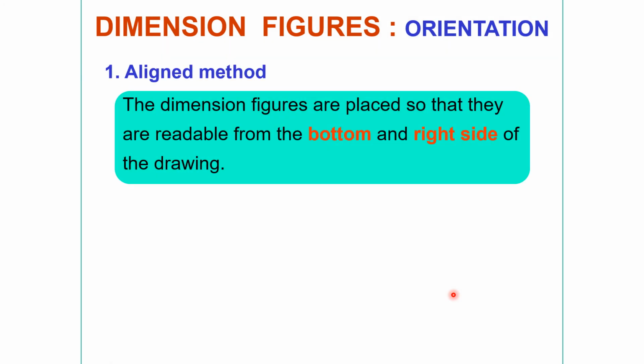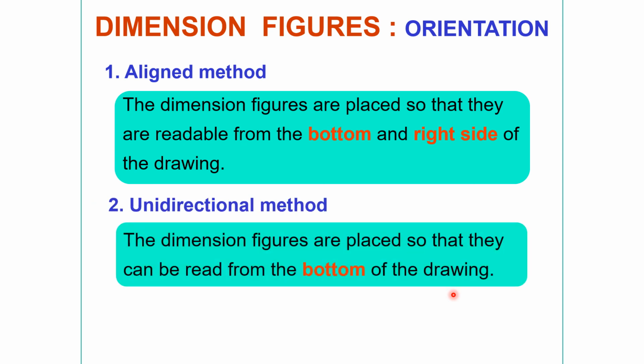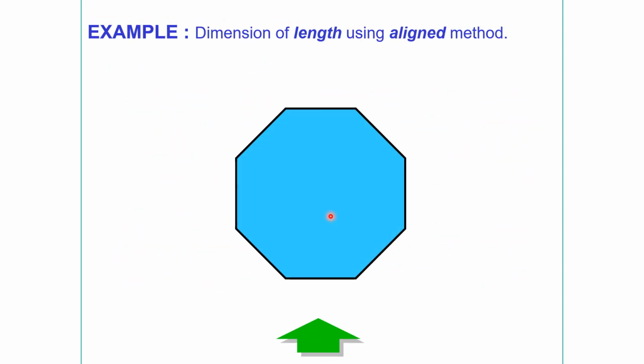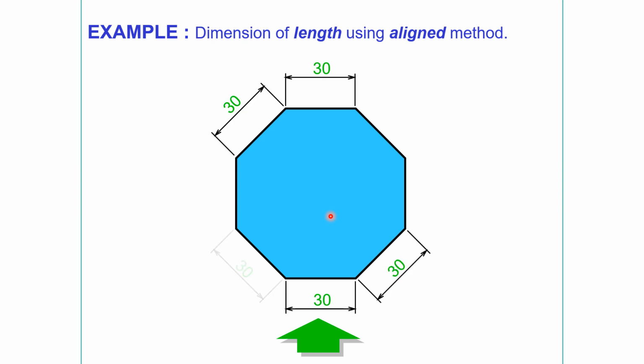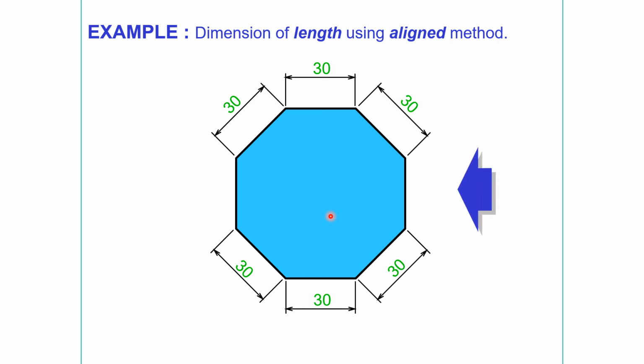Dimension figures orientation: there are two methods, aligned and unidirectional. I will take you to the dimensions so you can understand better. Now you can see all the dimensions are aligned with the object features.